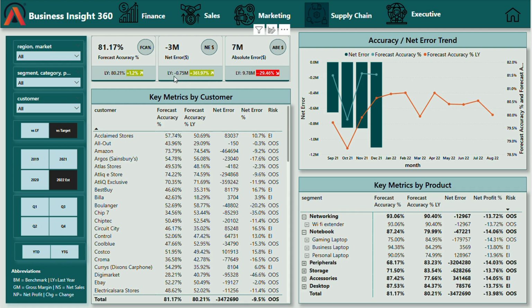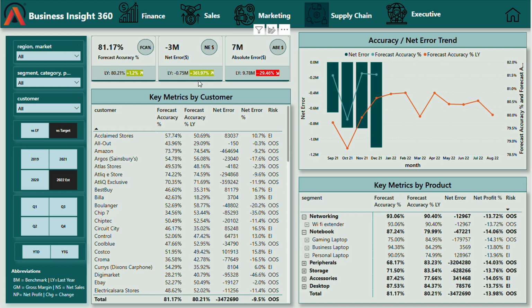What forecast accuracy says is how near they are to the forecast they have made, because in a supply chain forecast accuracy is very important. What is the risk level, whether we are going out of stock or we have excess inventory, that we can understand from the forecast accuracy and net error.